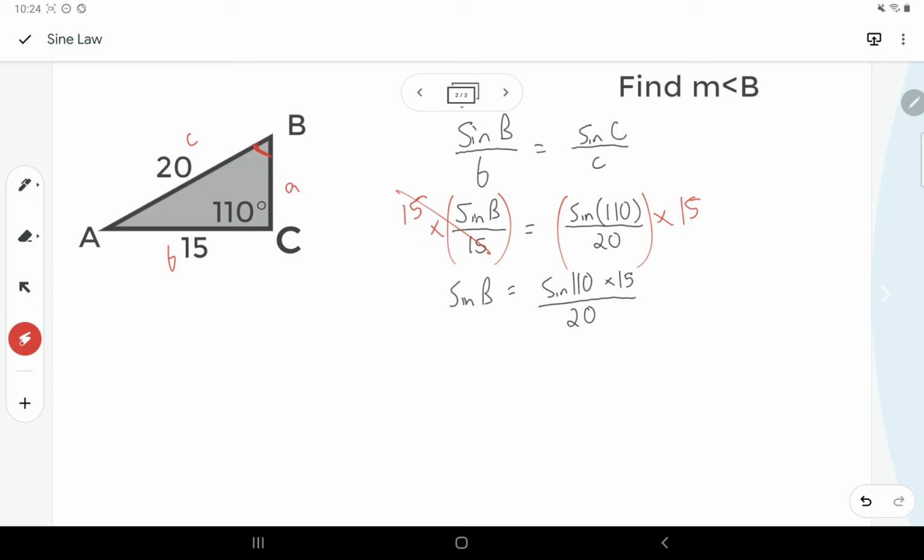Okay, so now sine of B is on its own, so we can just start solving this side here. First we'll find the sine of 110. That's just in your calculator. Enter the angle, press sine, or the reverse depending on your calculator. But what you should end up with is sine of B equals the sine of 110, which is 0.9397.